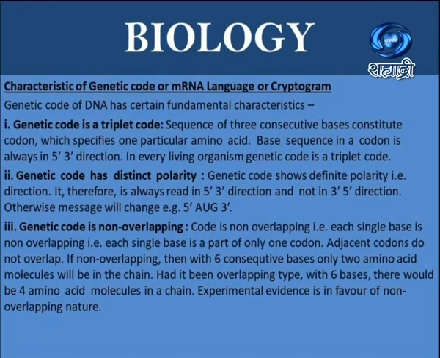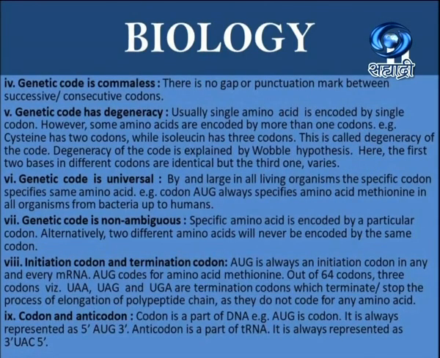Had it been overlapping type, with 6 bases there would be 4 amino acid molecules in a chain. Experimental evidence is in favor of the non-overlapping nature. So you can remember that an amino acid is not common between 2 codons. That is another meaning of non-overlapping.